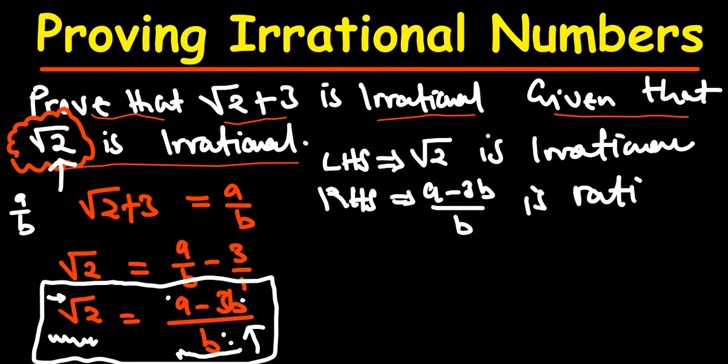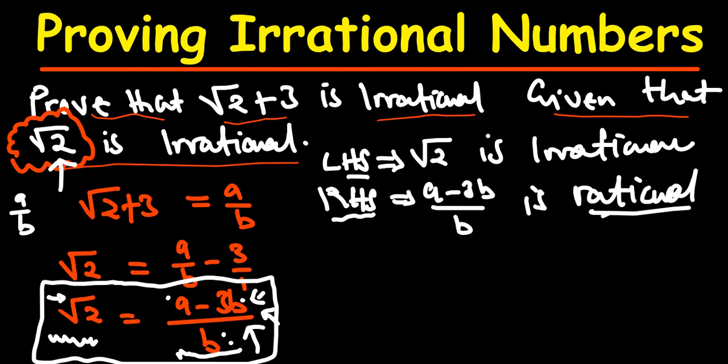Why is it rational? Because we are just dividing and subtracting integers. If you subtract and divide integers, you are still going to get a rational number. So on the left hand side we have an irrational number, and on the right hand side we have a rational number.